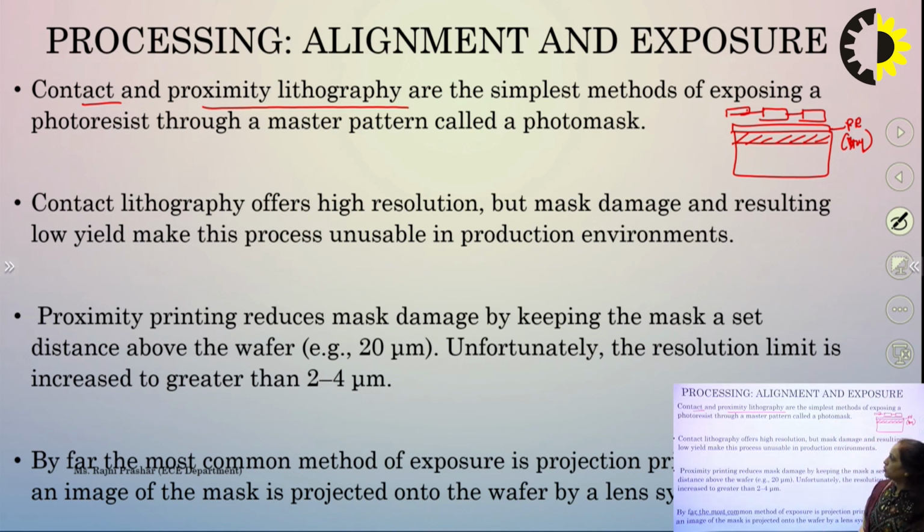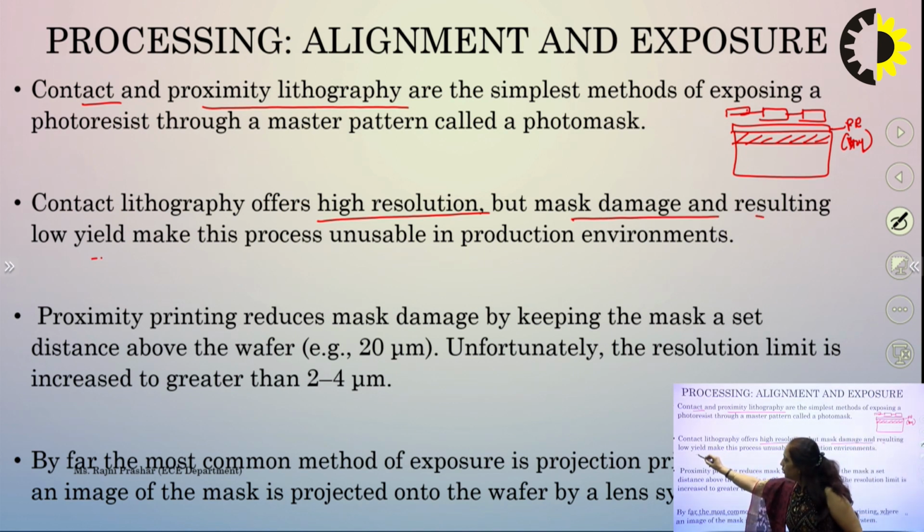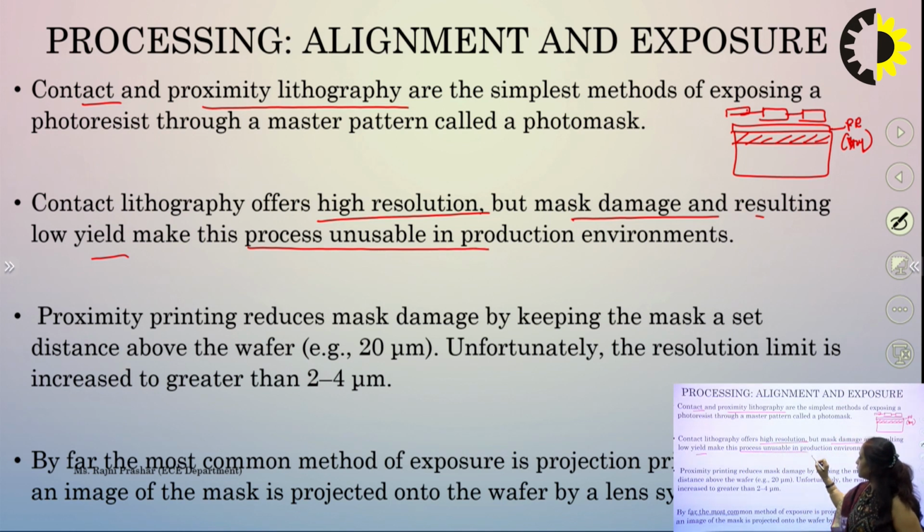These are the simplest methods to expose the resist pattern to the mask. In the case of contact lithography, it offers a very high resolution, but the mask damage results in low yield and makes the process unusable in a production environment.